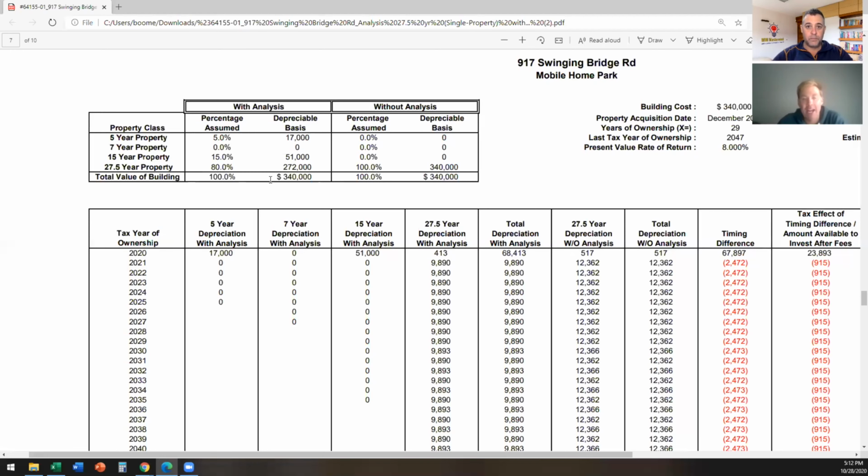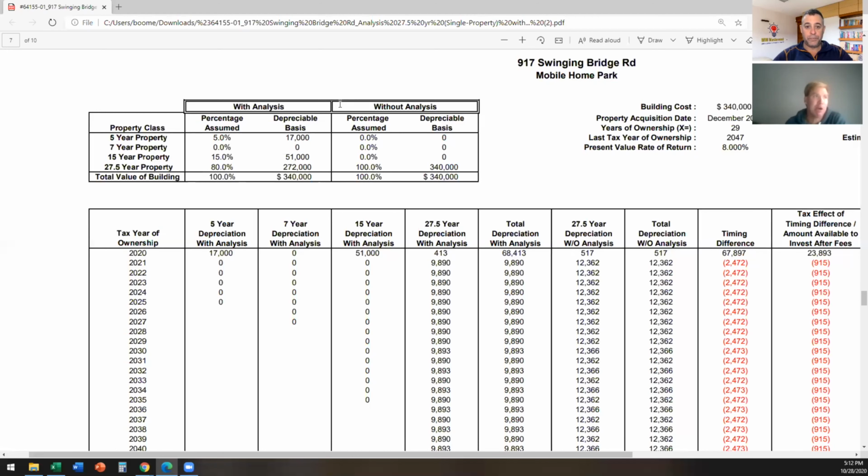You're going to have a lot of driveways and roadways on a mobile home park property. So we always try to be conservative in our estimates, but you're probably going to have even greater than 15% 15-year property. Mobile home parks normally have way more upside in terms of 15-year, but when you don't own the homes, your 5-year is going to be a little bit lower.